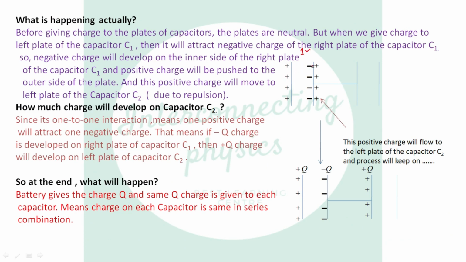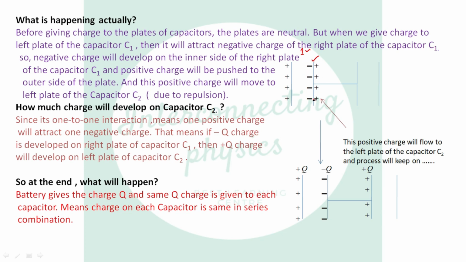So the positive charge will come on the other side of the plate. Because of attraction the negative charge will come on the inner side of the plate, and due to repulsion the positive charge of this plate comes on the other side, that is, the outer side of the plate.